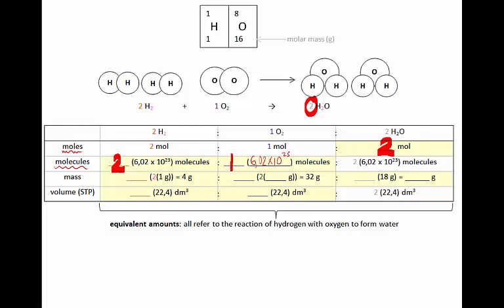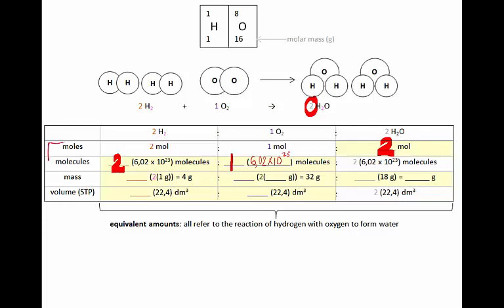That's not the same as saying moles are the same thing as molecules. No, moles and molecules are very different. But if you have the reacting ratio in moles, that is also the reacting ratio in molecules. But it's not the same reacting ratio as a mass reacting ratio.